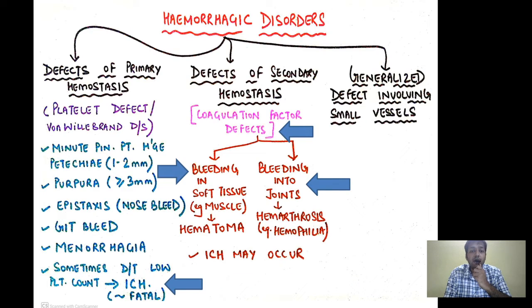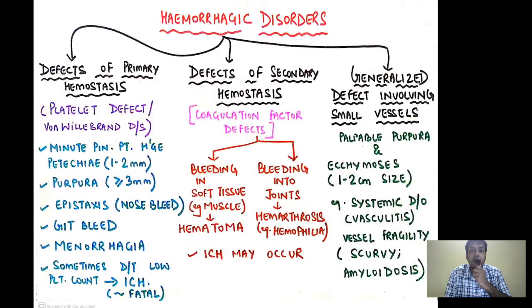Also, very important is that intracranial hemorrhage can occur. Okay, so intracranial hemorrhage not only occurs in secondary hemostasis, but it can also occur in primary hemostasis, and when it occurs, it can also be fatal. Now, similar ICH or intracerebral hemorrhage can also occur in secondary hemostasis.